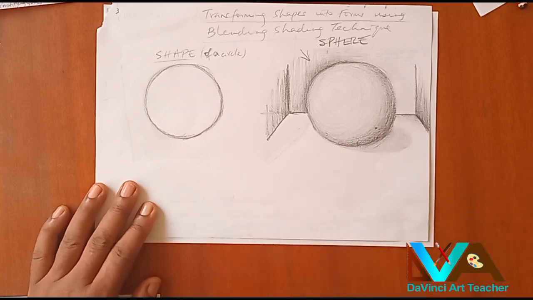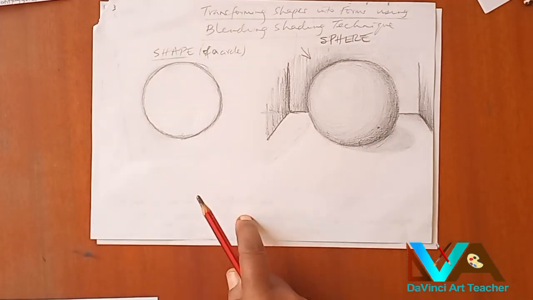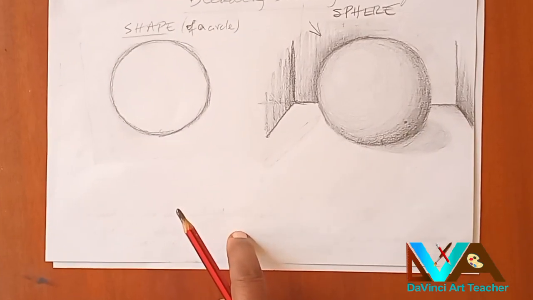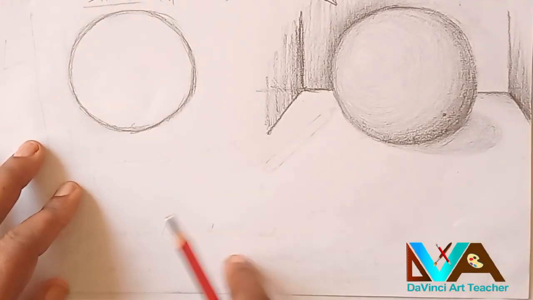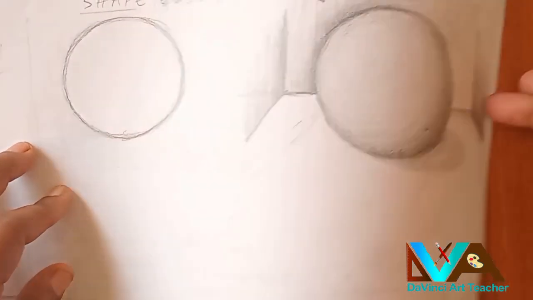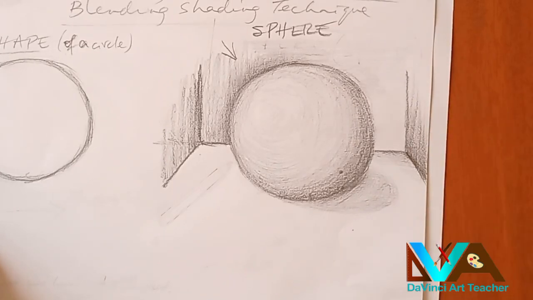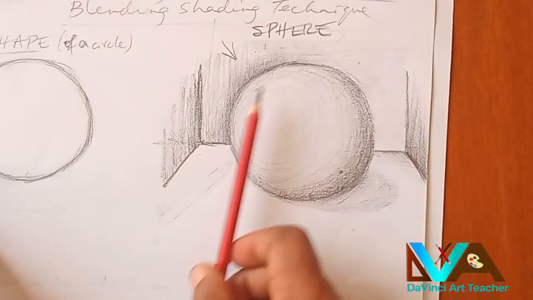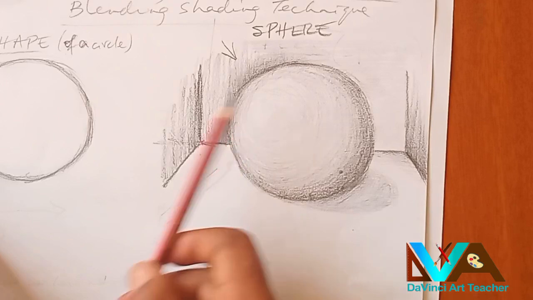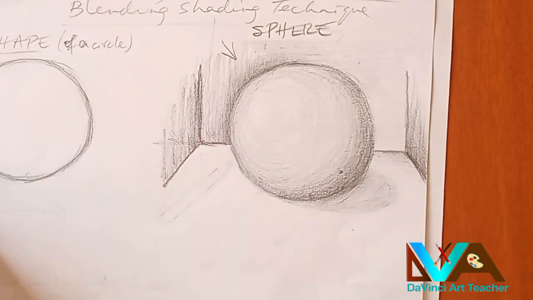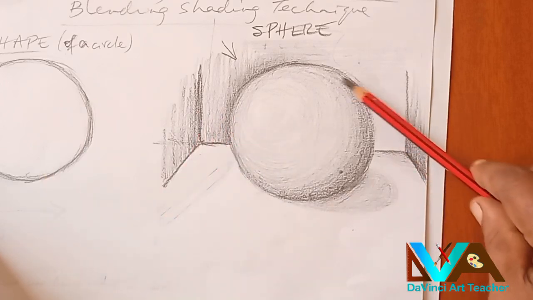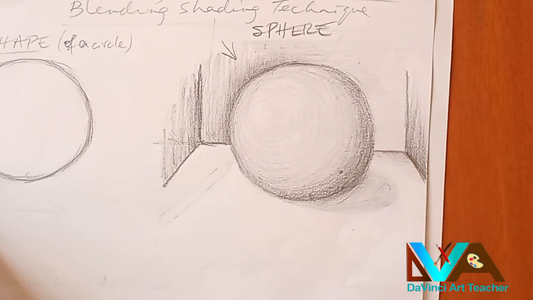It looks round. Let's zoom a bit, we see how it looks. It looks like it has some highlight here. Light is striking this surface of the object, and the areas which are not receiving light are dark.